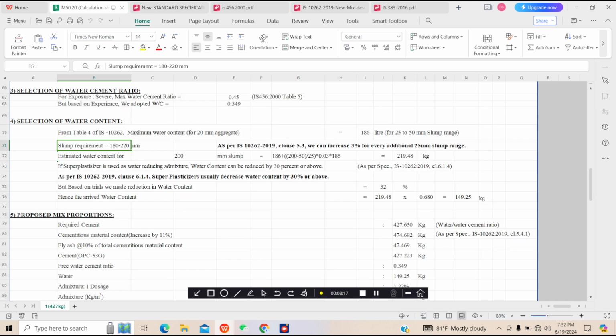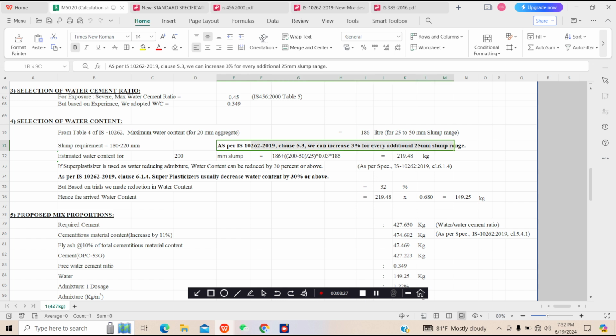So if we take the 200 slump, as per IS 10262, we have to increase 3% water for every additional 25 slump.